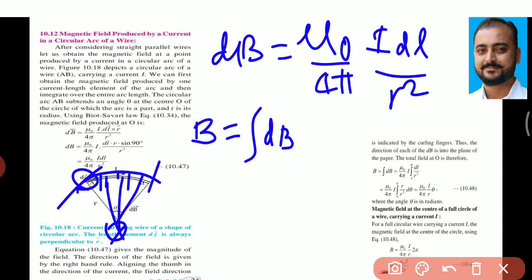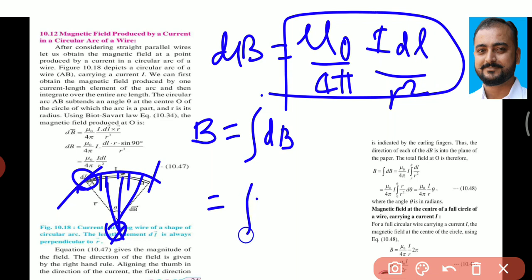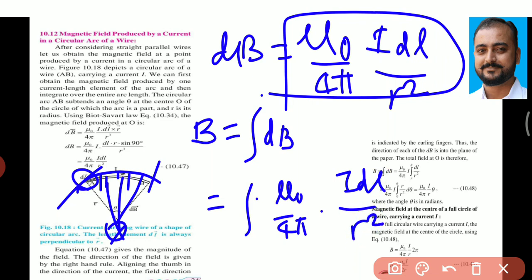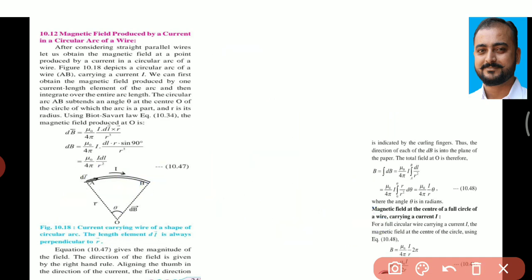B is equal to integral of dB, which can be given by mentioning the value of dB here, that is integral mu 0 upon 4 pi I dl divided by r square. Now mu 0, 4 pi, current I, all these are constant values. Even r is constant for a given circle. And so I will show the calculation steps in the book.